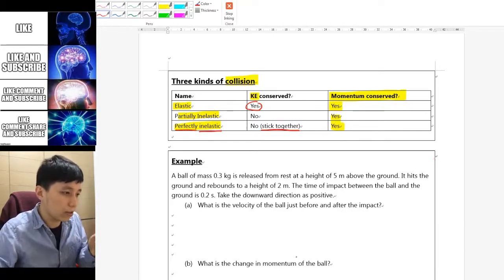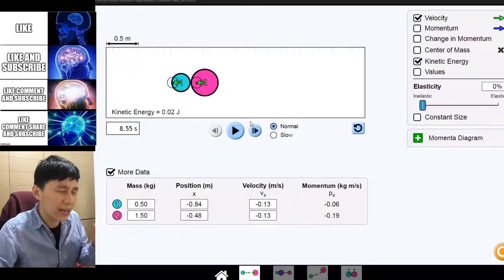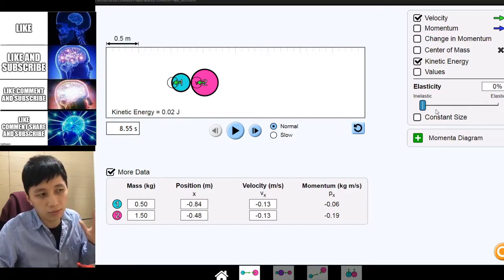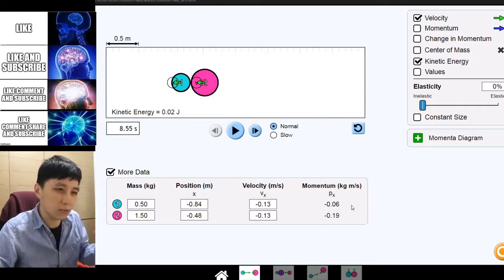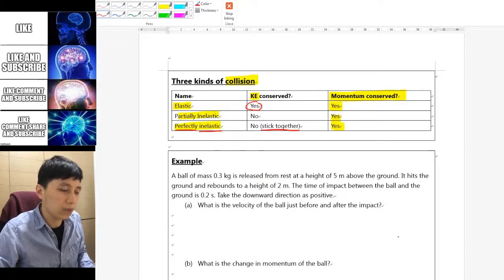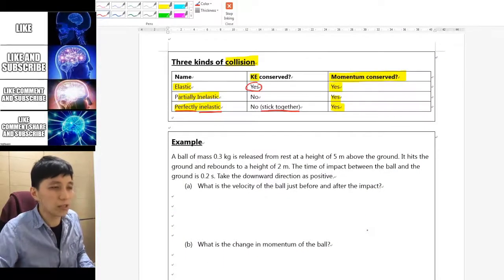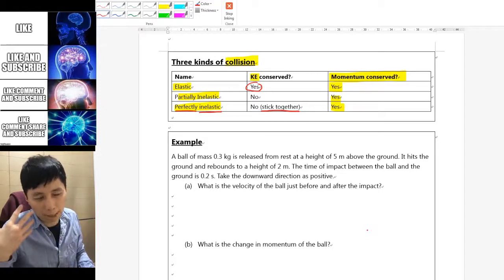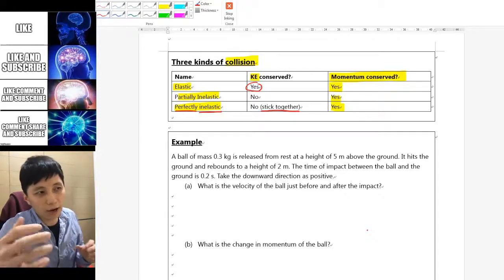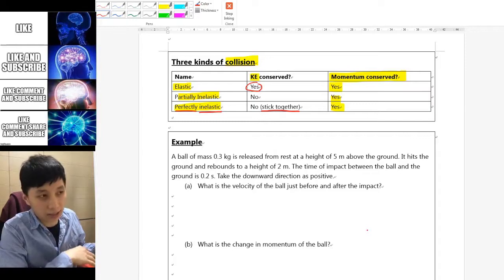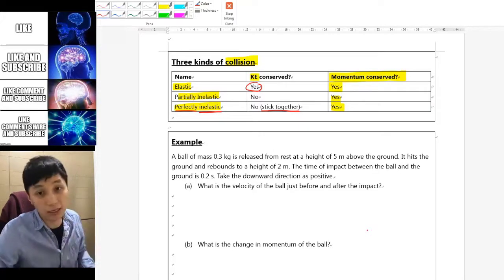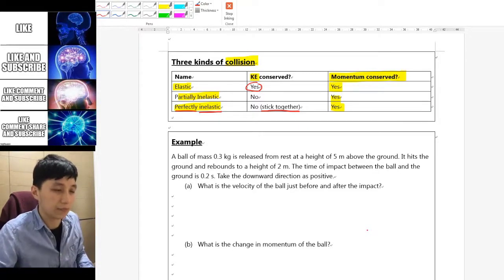You can see just now in the simulation, even for the same objects, it has nothing to do with the mass or the size, they could still have different elasticity. It's independent of the mass. It's more about some other factors. But for now, I think we just have to understand that elasticity is defined by how much KE is being conserved, simply.